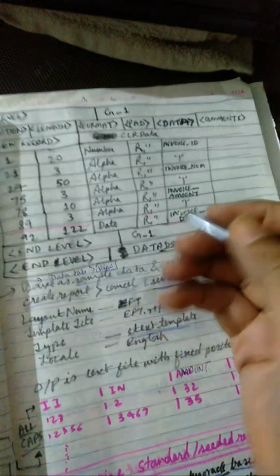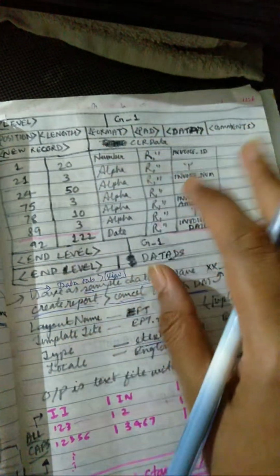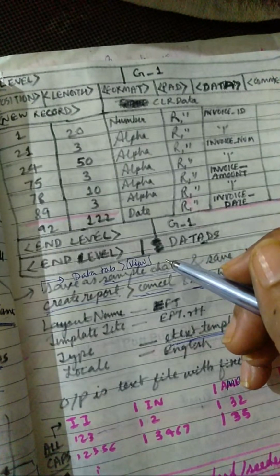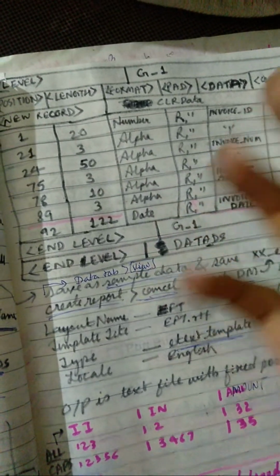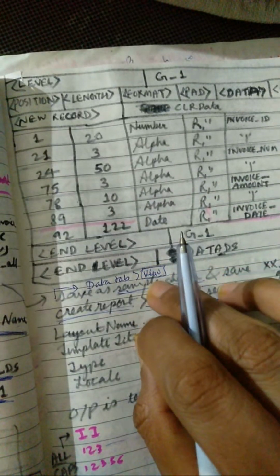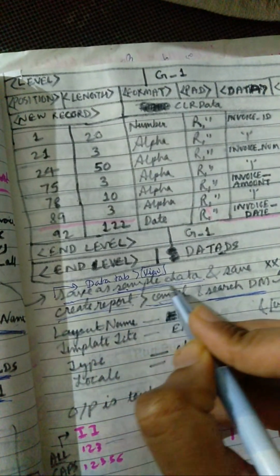If it has any parameters, give those parameters and click on view. You will have an output. You can see the output in the data tab itself in either data format or tree format. After you're done viewing the output, you have to click on save as sample data, this one.